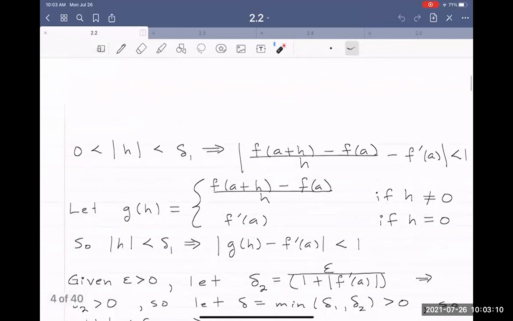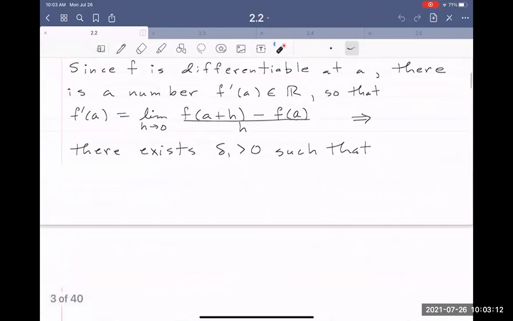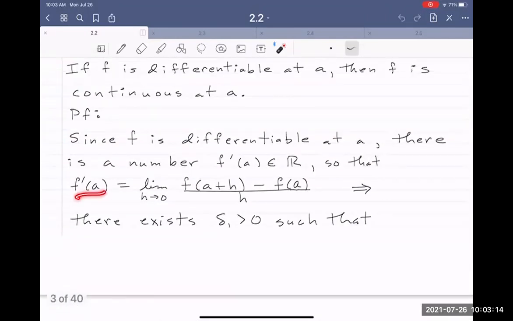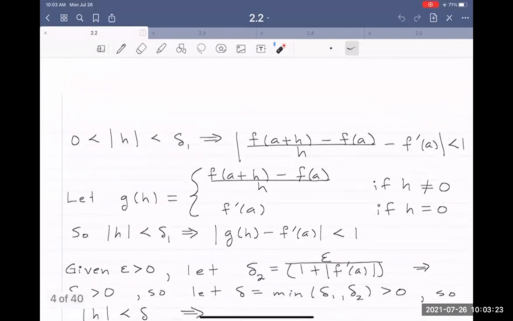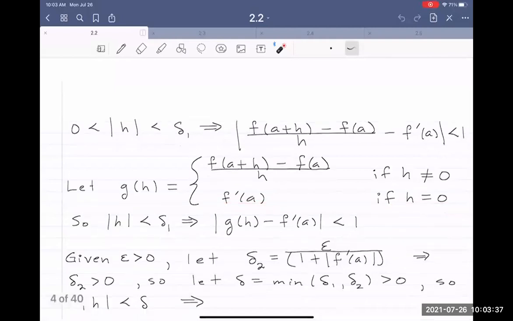Meaning I'm going to somehow define a continuous function for this difference quotient. So let g of h equal f of a plus h minus f of a over h if h is not equal to 0, and let it equal f prime at a if h is equal to 0.